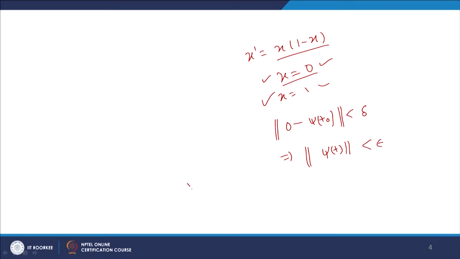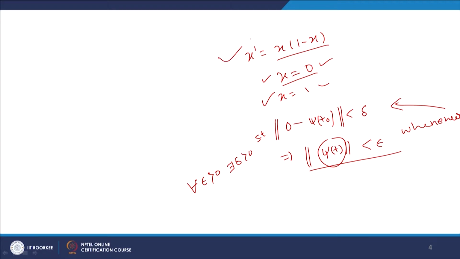So for every epsilon greater than 0 there exists delta greater than 0 such that this is happening. It means this should be true for every other solution of the system x dash equal to x into 1 minus x.